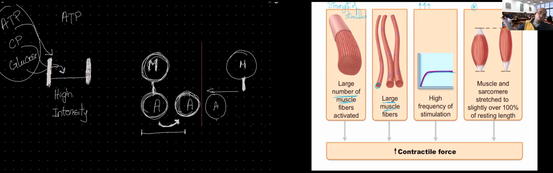It won't have anything to pull on. So it won't be effective in this contraction if I had to overstretch the muscle. So the more you stretch the muscle, the stronger it contracts, but within limits. If you stretched more than what you need, your force of contraction is actually going to be dropping.